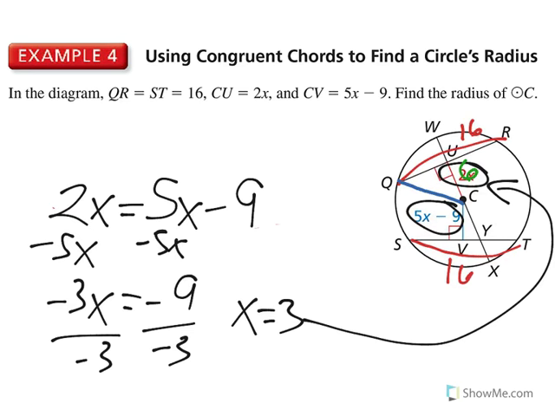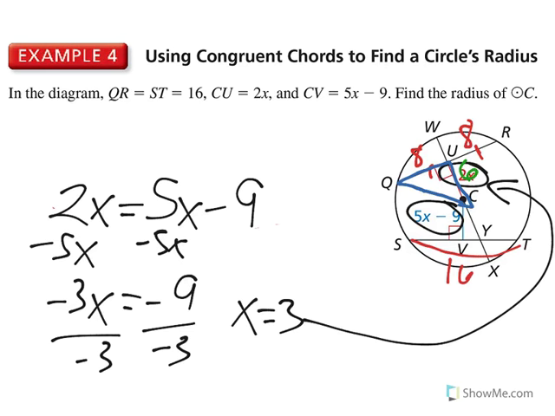So that means it's cutting this other chord into 2 equal parts. Not only is that chord 16 long, but each side would be 8 and 8, right? So now if we just finish off this triangle here, then we can use the Pythagorean theorem to find the radius.